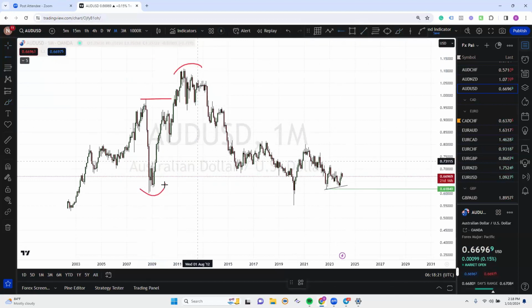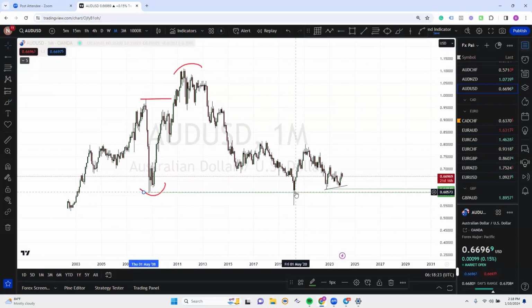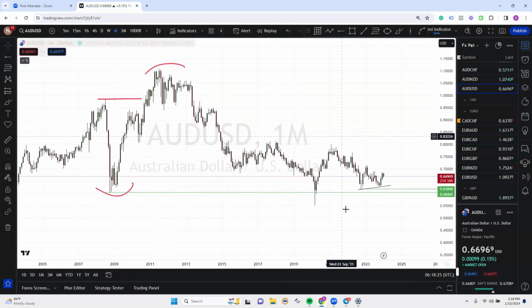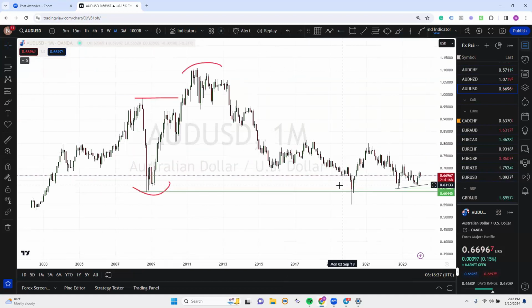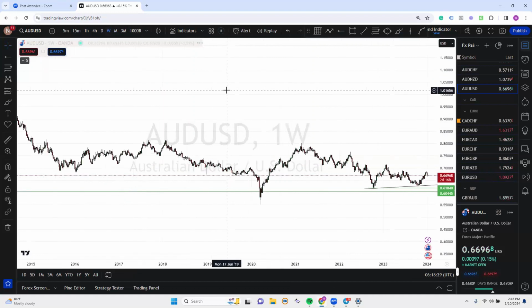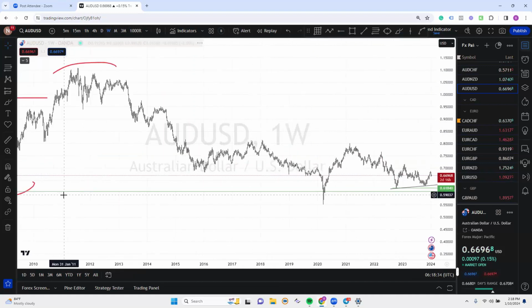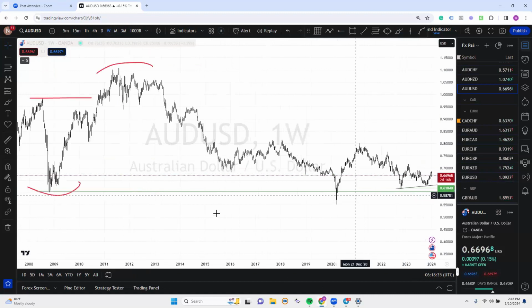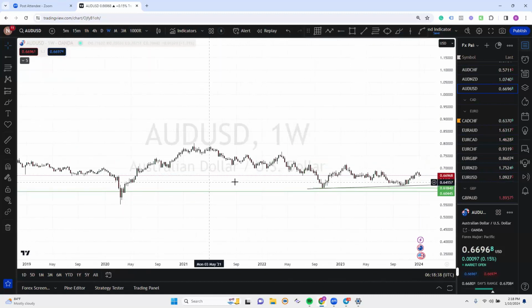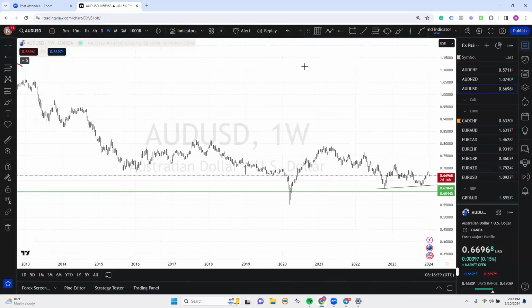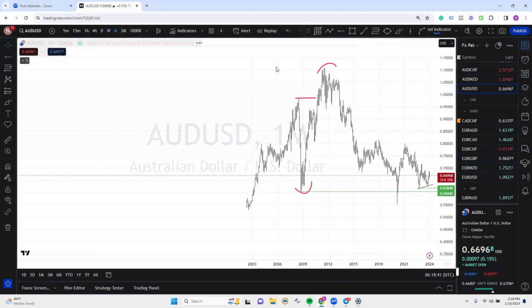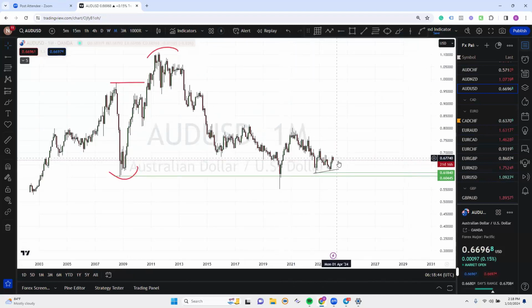Is this a stop hunt or is this a trade lower? It's a close below the weekly candle low. It looks like a stop hunt, but it's actually a close. So this is going to continue coming lower.